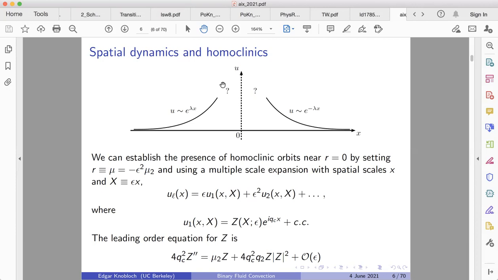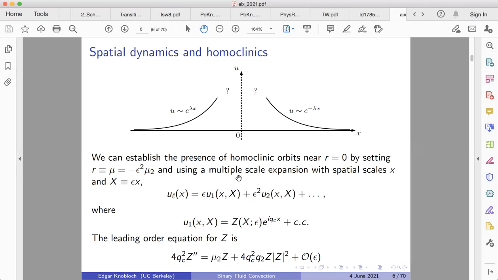But the reversibility in space means that once you've arranged for a connection between u equals 0 and a periodic state, you also have the backward connection. That's what reversibility gives you, and it gives it to you for free. It is heavily used in the theory of all this behavior.